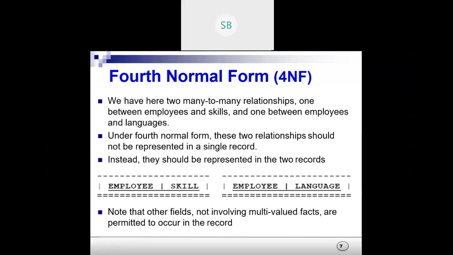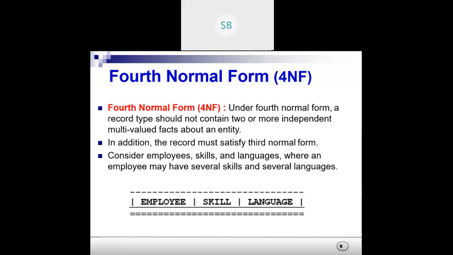So we have to break the table. Skills can be multiple, similarly you can speak multiple languages: Hindi, English, Assamese. So 3 languages will be there, and it is not possible in fourth normal form.